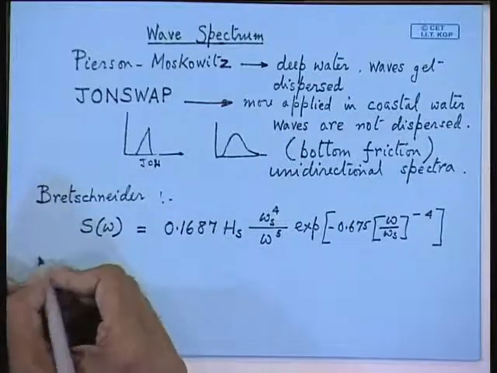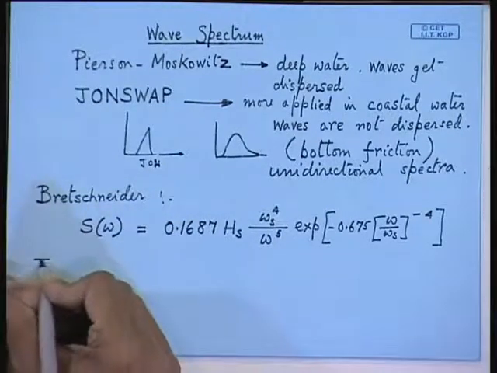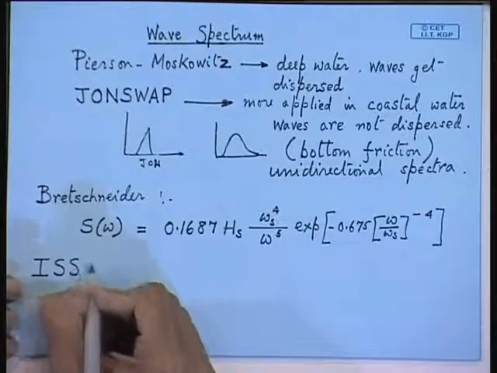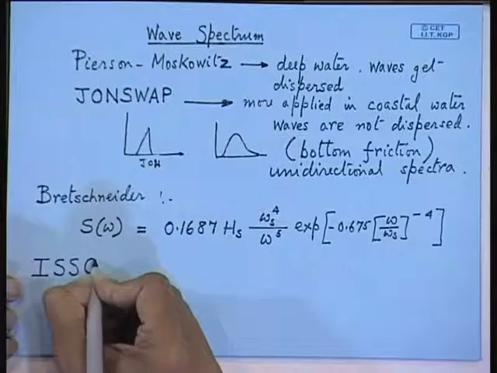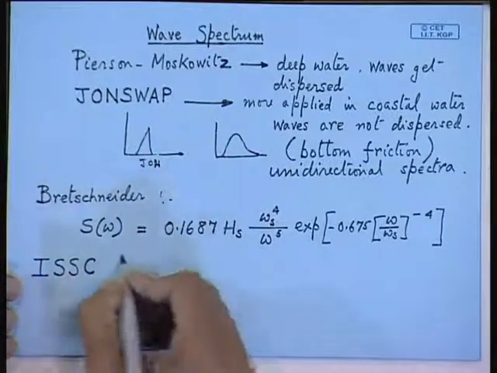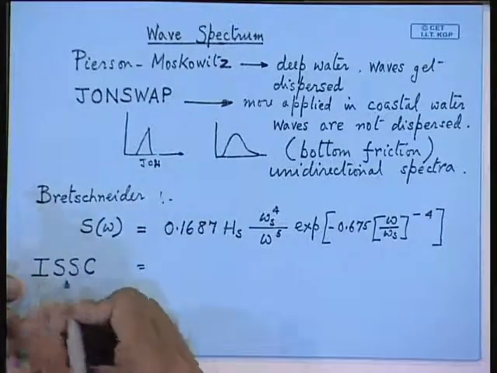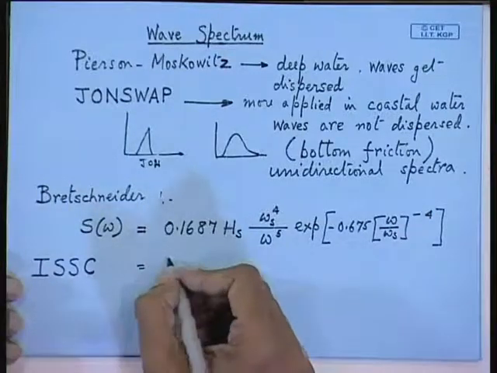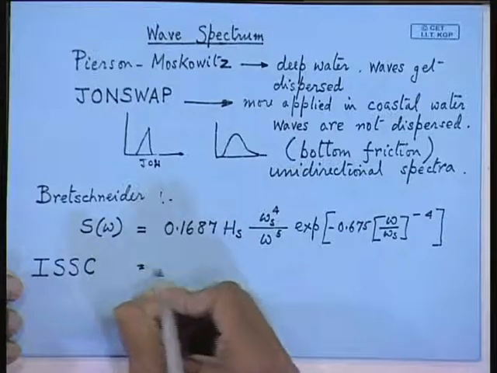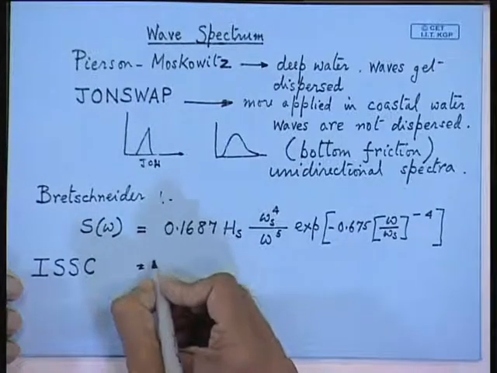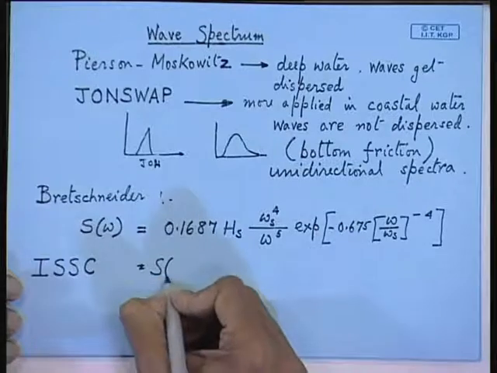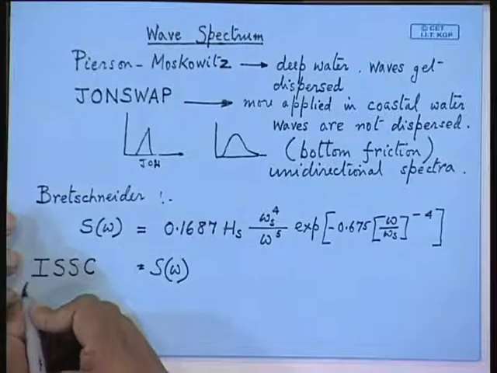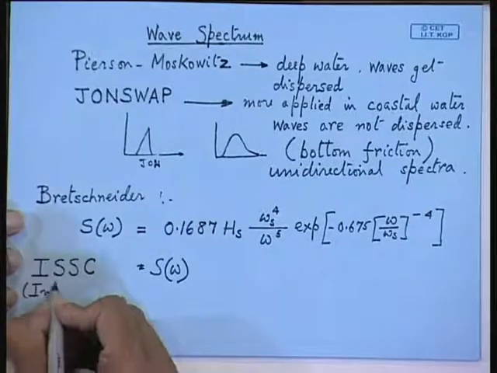Now the other spectra that is of interest is the ISSC spectra. ISSC stands for International Ship Structures Committee. So if you are doing structural analysis, you can take help of this spectra. ISSC gives this formula.